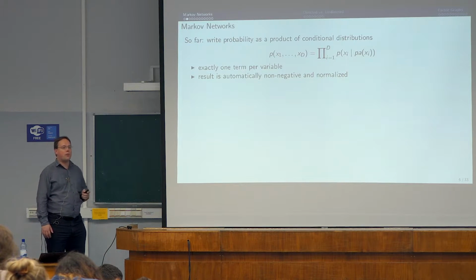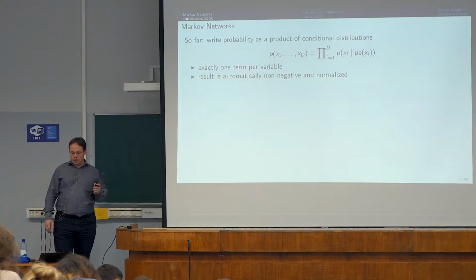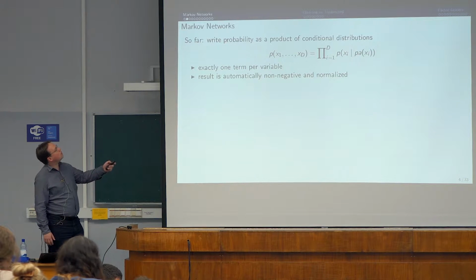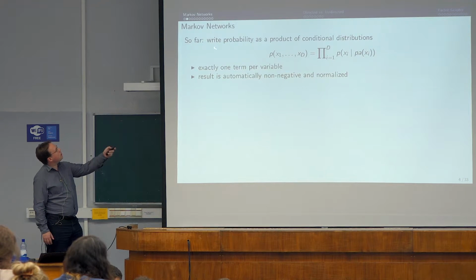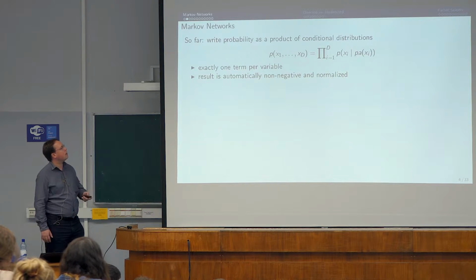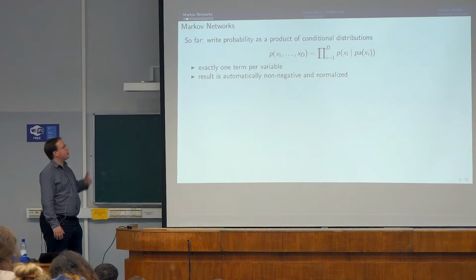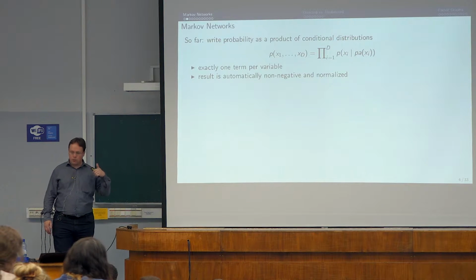Markov networks come out of a very simple observation, and that is, so far we had to write our joint probability as a product of single variables with their parents, right? There's exactly one term in this product per variable, and it's always a conditional probability.